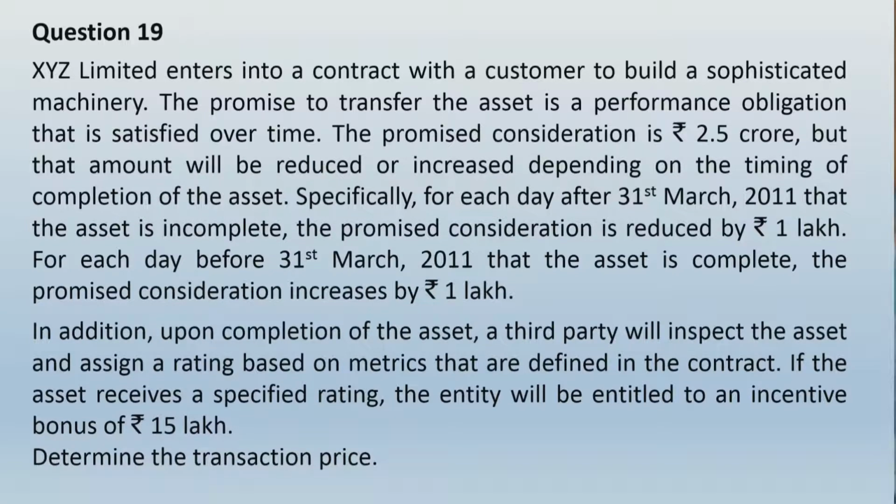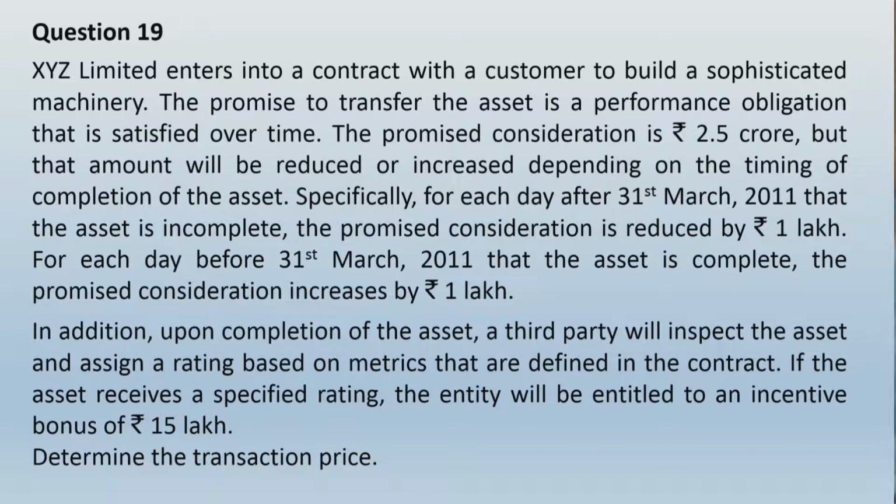In addition, upon completion of the asset, a third party will inspect the asset and assign a rating based on metrics that are defined in the contract. If the asset receives a specific rating, the entity will be entitled to an incentive bonus of rupees 15 lakh.